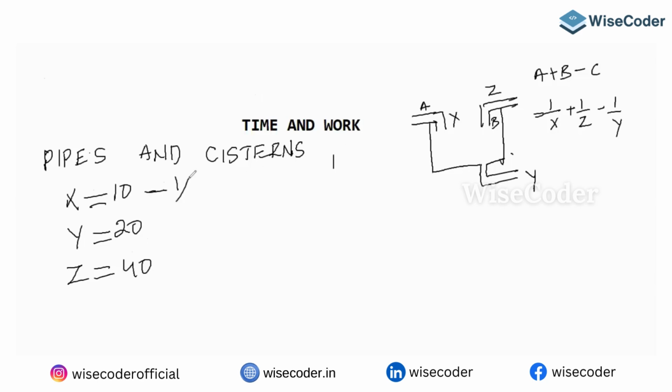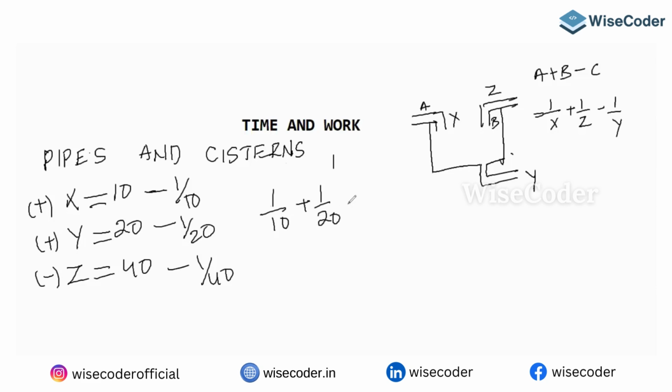So generally, 1 minute work is 1 by 10, 1 by 20, and 1 by 40. This one is positive work, this is also positive, this is negative. Why is this negative? Because it is emptying. So 1 by 10 plus 1 by 20 minus 1 by 40.